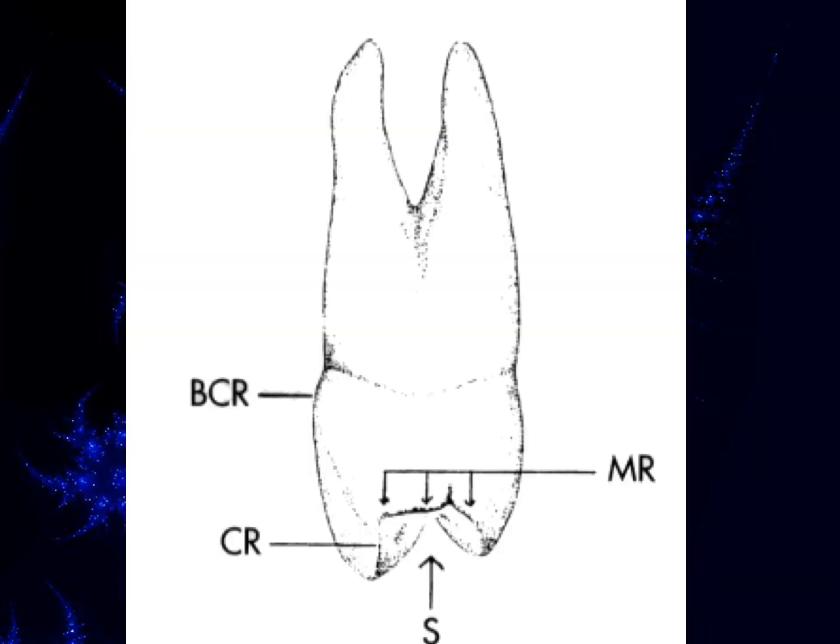In a premolar, this is a proximal view of the maxillary first premolar. You can see the marginal ridge, you can see the buccal cusp ridge, it's not so prominent here. You can see what I call the sulcus. As you can see here, at the end of the sulcus, which is this area, there is a groove on the occlusal surface.